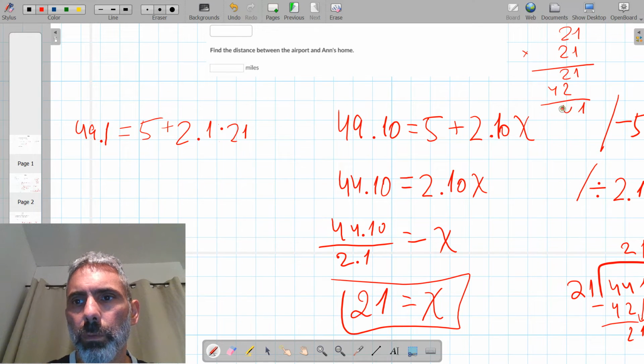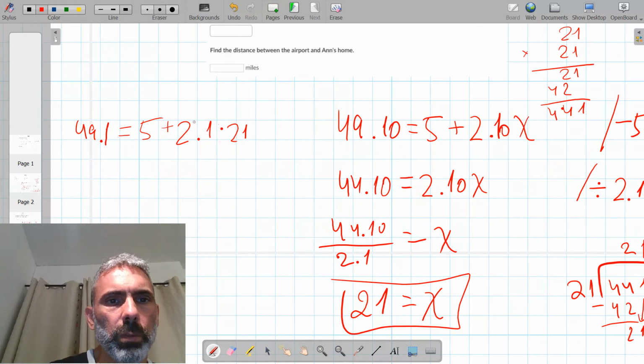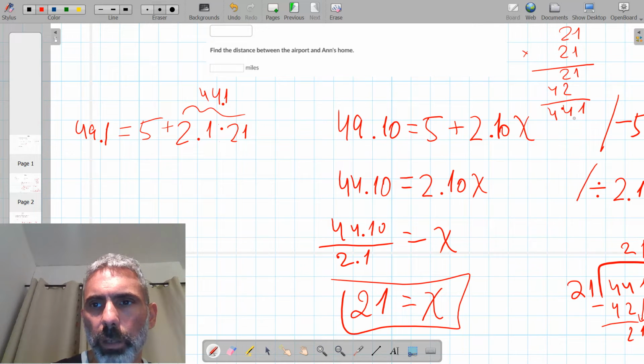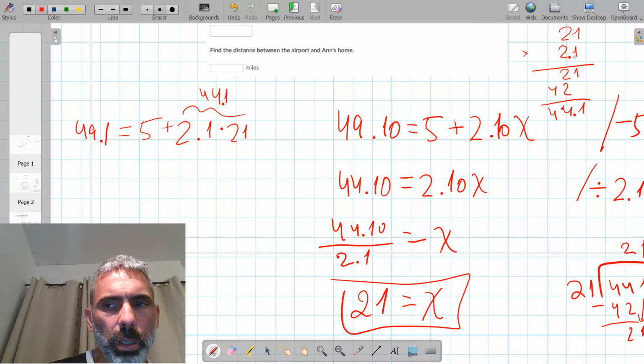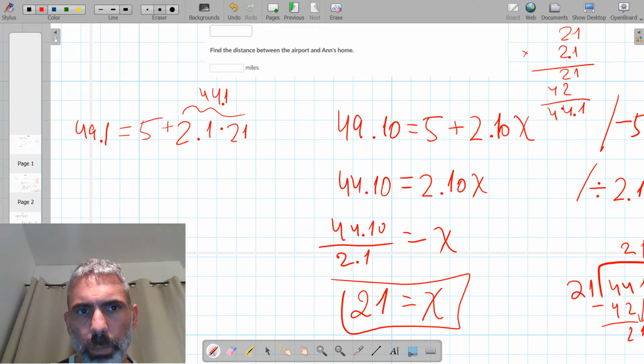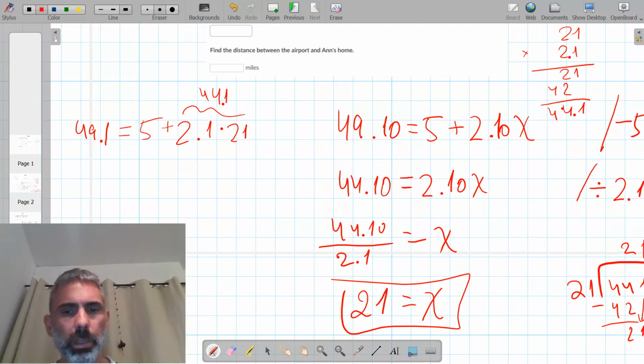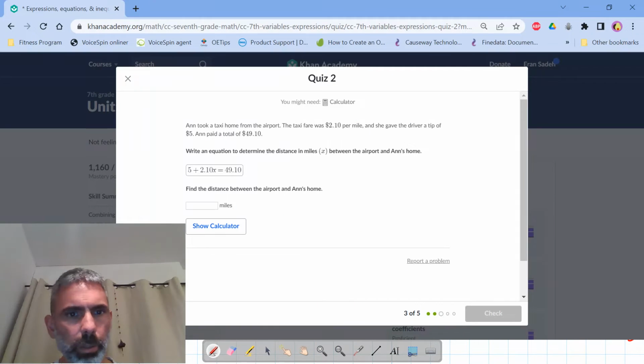So this is 441, and with one digit to the right of the decimal point it is 44.1. 44.1 plus 5 is indeed 49.1, so x is equal to 21.